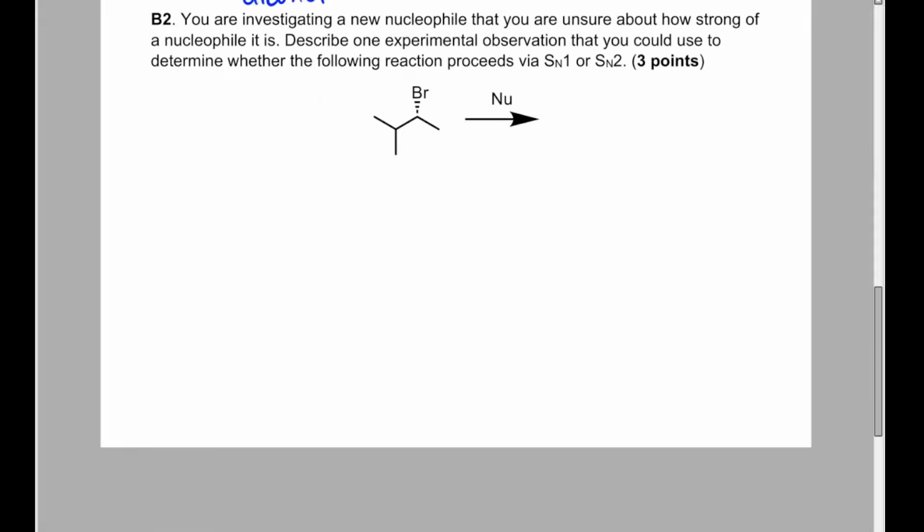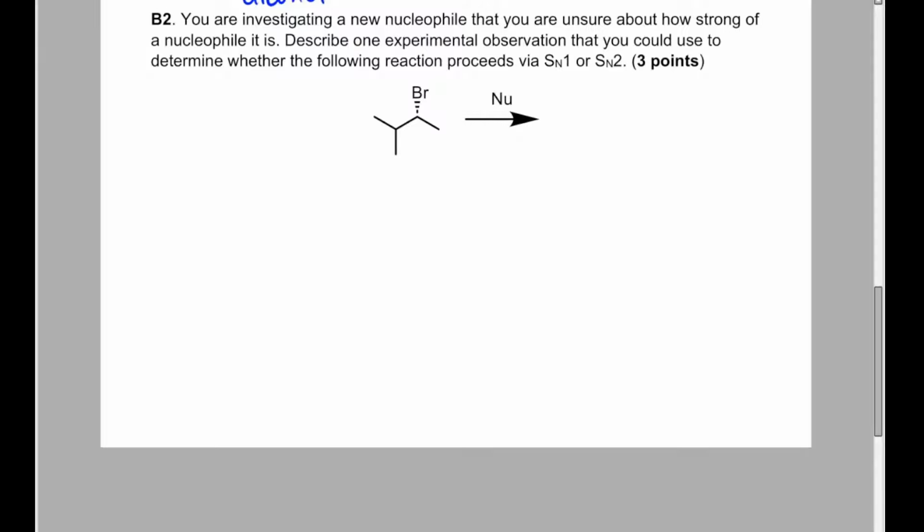Bonus question 2. You are investigating a new nucleophile that you are unsure about how strong of a nucleophile it is. Describe one experimental observation that you could use to determine whether the following reaction proceeds via SN1 or SN2 mechanism. So this is a problem that recalls your understanding of the concept of SN1 versus SN2 mechanisms.